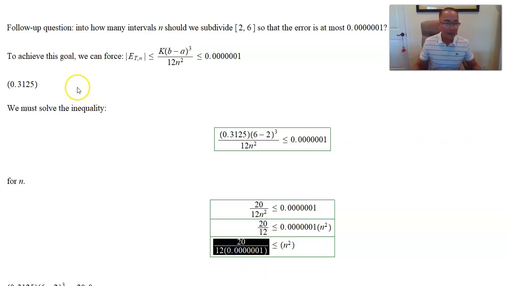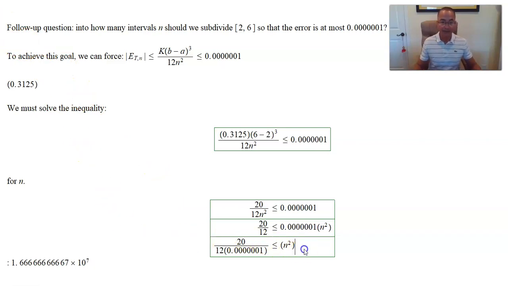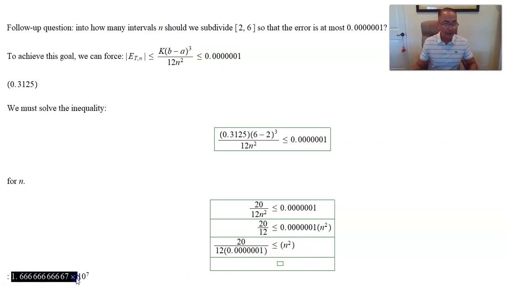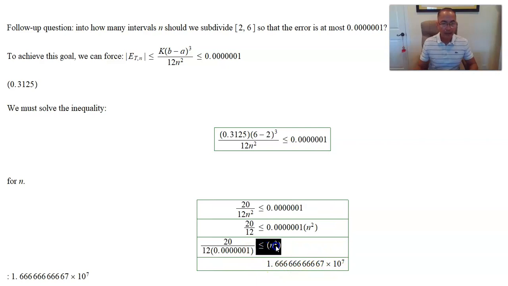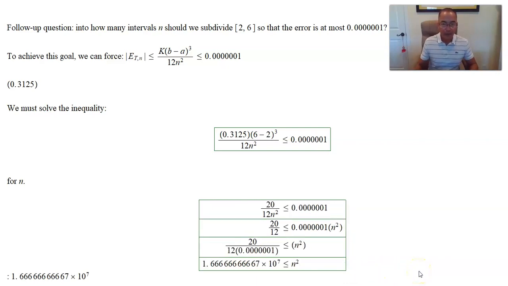So what is this approximately? Yeah, that's a big number. So the left side is this much, and that should be less than or equal to n squared. We can remove those parentheses now.